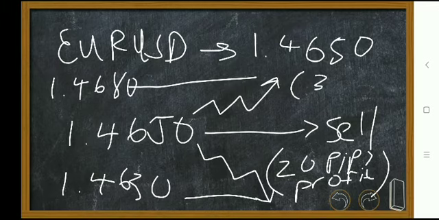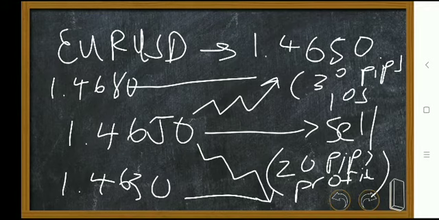That's a loss of 30 pips, because price went against you. You sold and price went up. It went against you. So this is a loss. And if you sold and price went down, it went for you. It's profit.